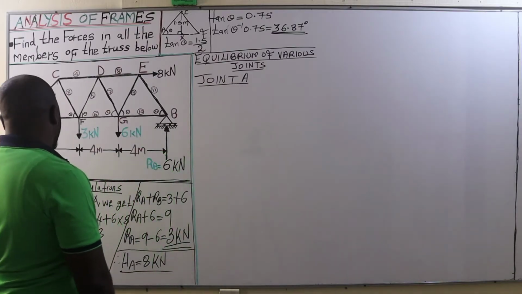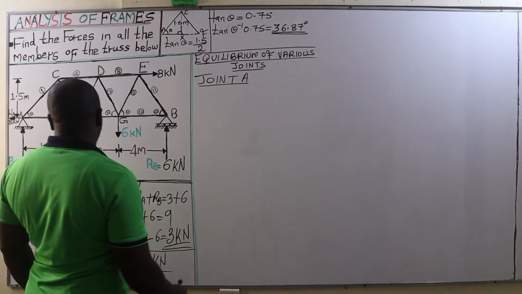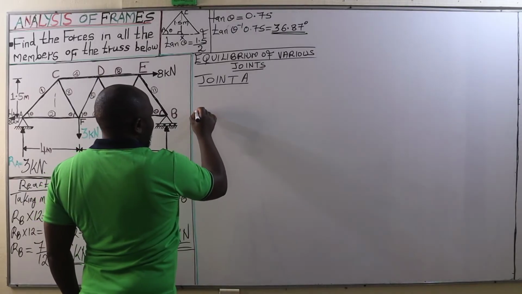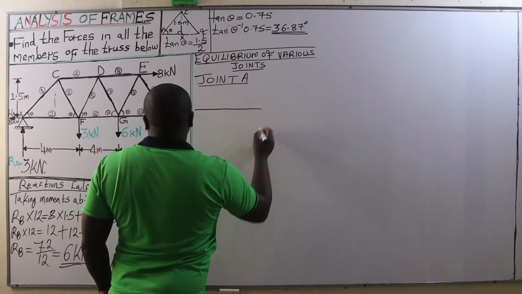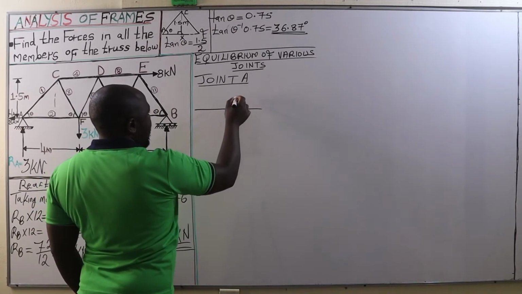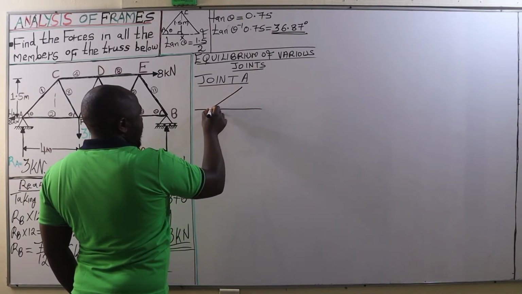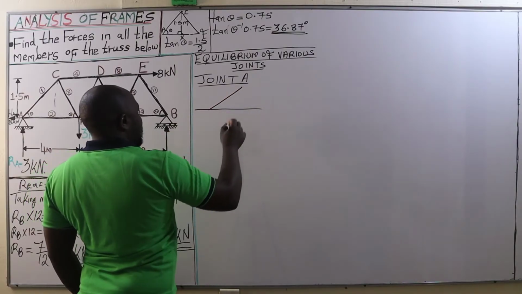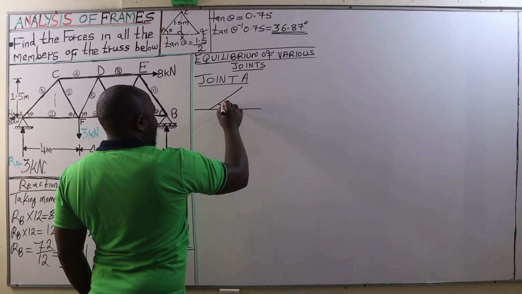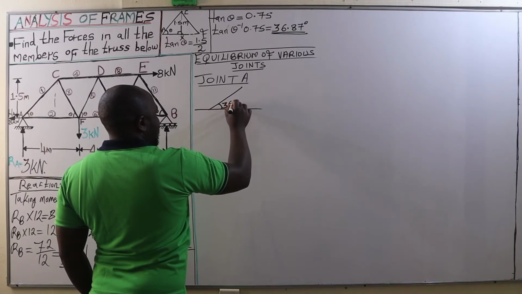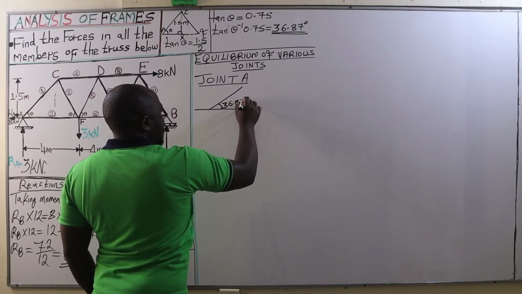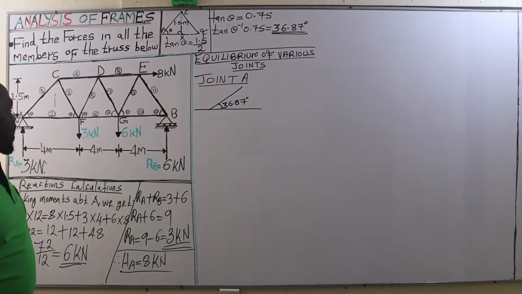If I try to plot joint A here, at joint A we have the following. We have an angle theta here of 36.87 degrees.